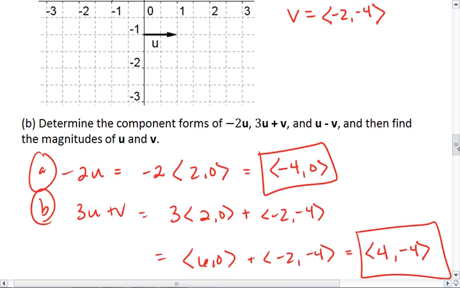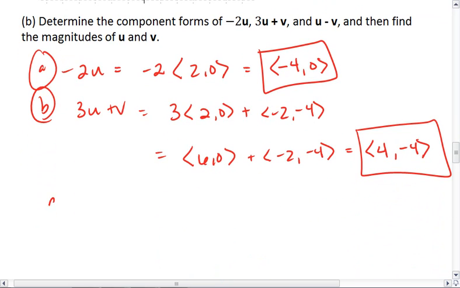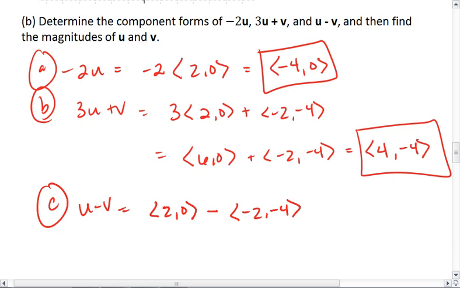Alright, lastly, let's look at u minus v. I'm going to take the vector u, 2, 0, minus the vector v of negative 2, negative 4. This is the same as 2, 0 plus 2, 4. We change the signs. 2 plus 2 is 4. 0 plus 4 is 4.